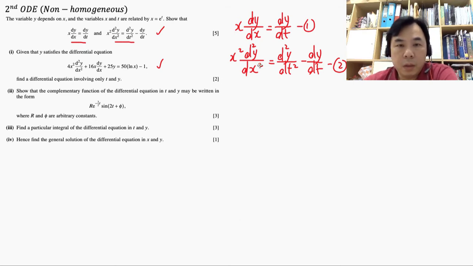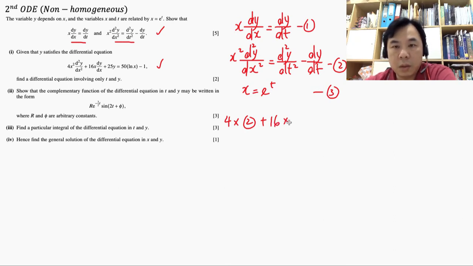Now, what we need to do is just substitute this into the left hand side and right hand side, knowing that x is given by e^t also. So don't forget this one also. Now we're going to substitute equations 1, 2, 3 onto the left hand side expression and the right hand side expression. Therefore we have 4x squared d2y/dx squared, which is represented by this second equation, so that is basically just 4 times the second equation, plus 16x dy/dx.